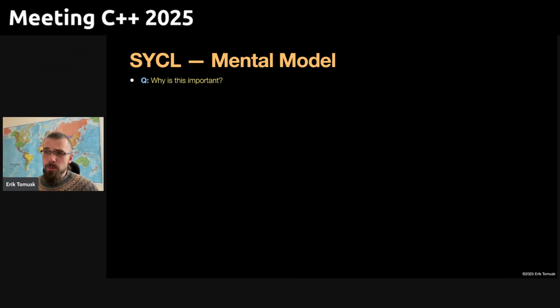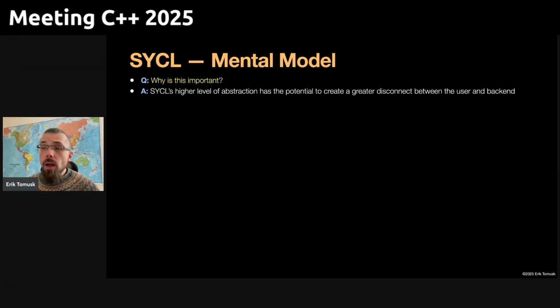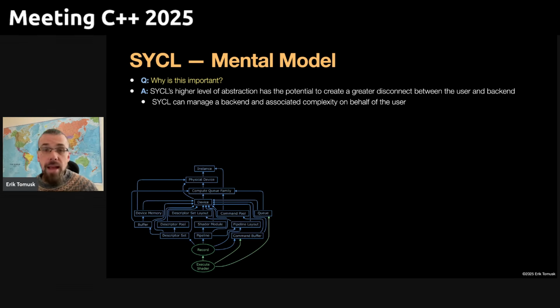Right, so this is all very abstract. Why is this important? This is important because SYCL has a much higher level of abstraction than the other accelerator APIs we were looking at. So that means that SYCL creates a greater disconnect between the user and the accelerator hardware. And all of this disconnect or this indirection creates some space where the SYCL runtime has latitude to manage the complexity of the backend on behalf of the user.